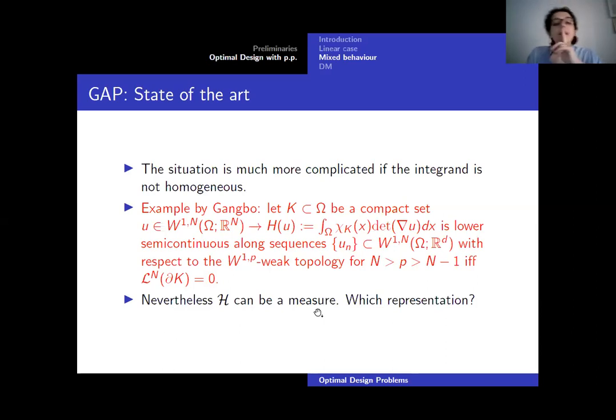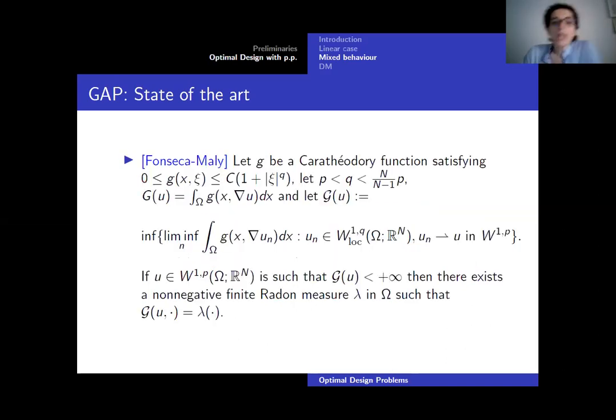And I want really to emphasize that the counterexample due to Gangbo is for a set who has essentially a boundary who has not finite perimeter, because its Lebesgue measure is not zero.